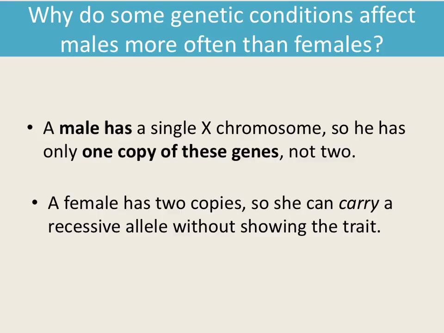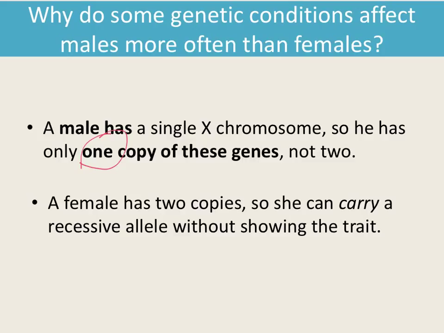So, why do some genetic conditions affect males more often than females? A male has a single X chromosome, so he has only one copy of these genes, not two. So in other words, if you had two, there might be rescue, like on an autosome, and you wouldn't see the phenotype of the recessive condition.